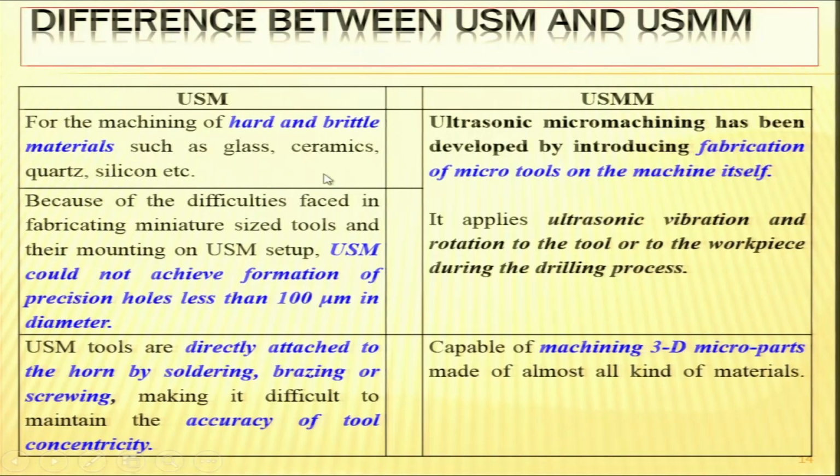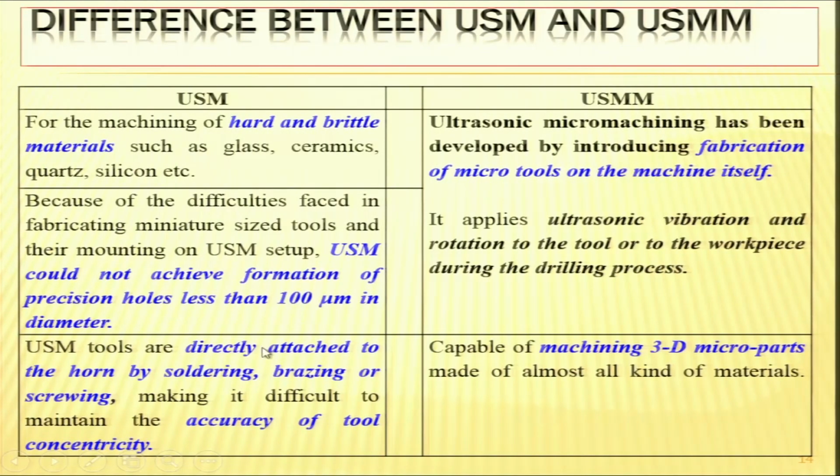Anyway, we can see quickly here ultrasonic machining for the machining of hard and brittle materials such as glass, etc. Because of the difficulties faced in fabricating miniature size tools and mounting them on the ultrasonic machining setup, USM could not achieve formation of precision holes less than 100 micrometer in diameter.